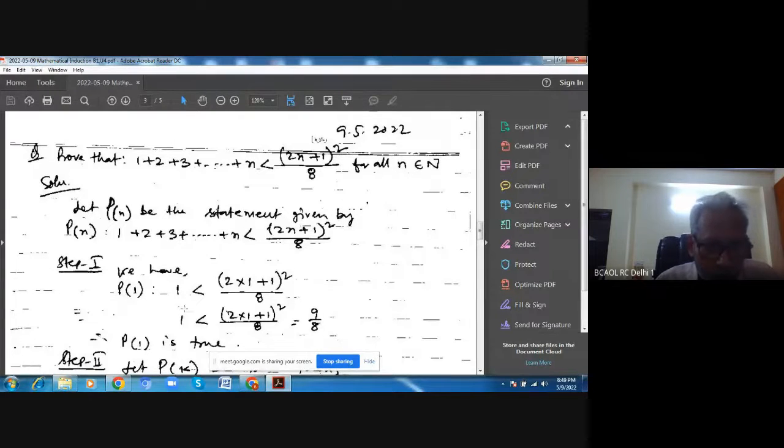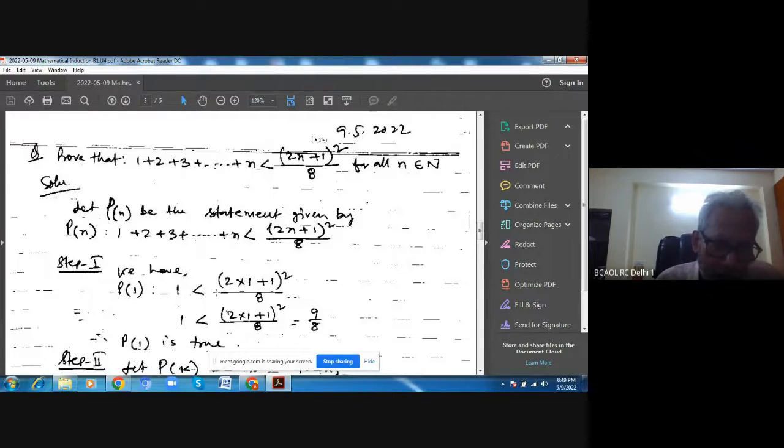That means it is greater than 1. So it is true because it should be. Otherwise, if it is less than 1, 0.9 or 0.8, then it is not true. However, fortunately, it is 1.1, above 1. And this side should be greater than this side.